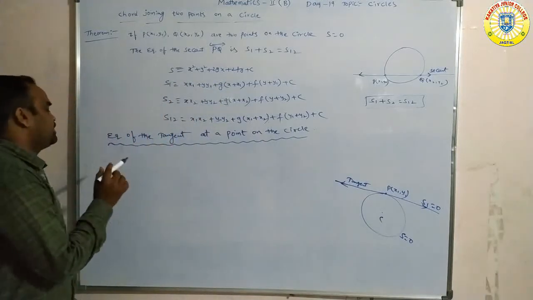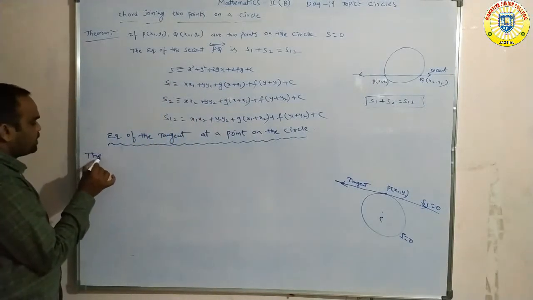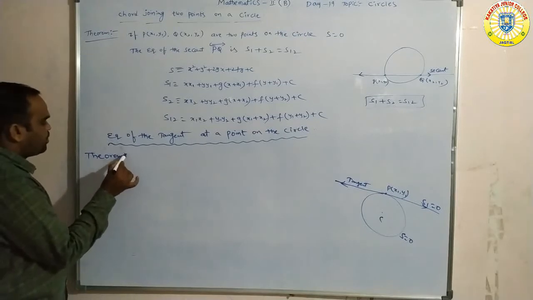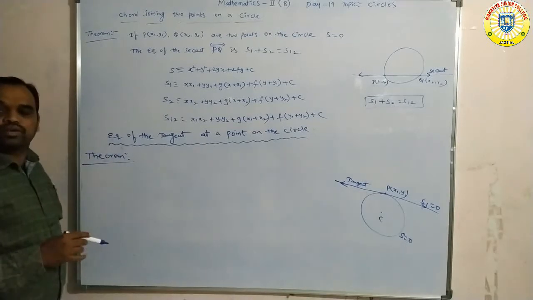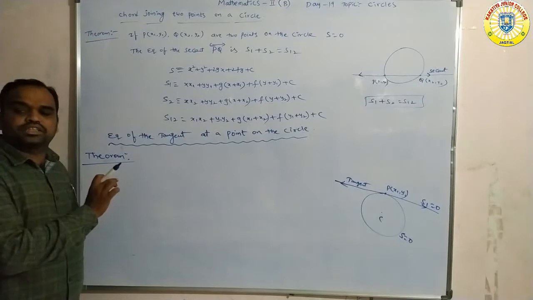See, this is the heading. Now here also I am writing the theorem statement. Here also there is no need of the theorem proof, only write down the statement. Okay, now all of you write down clearly the statements here.